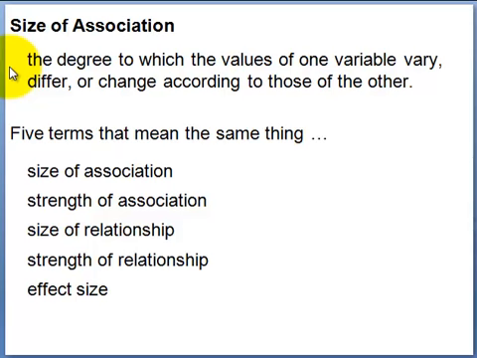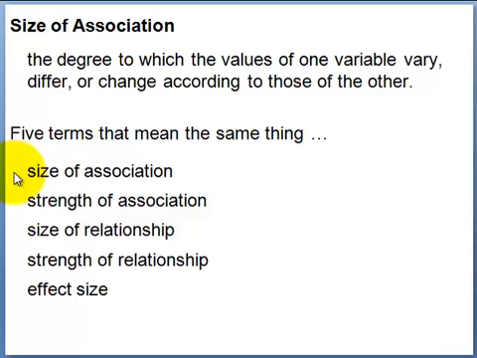So I'm using the term size of association here, but this slide lists 5 terms, all of which have very, very similar meanings. So similar that in an introductory course, there's no point in going into the subtle distinctions, and indeed, I'm not sure that all would agree on exactly what those subtle distinctions might be.